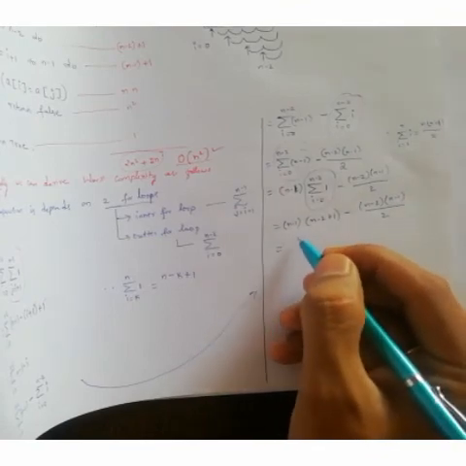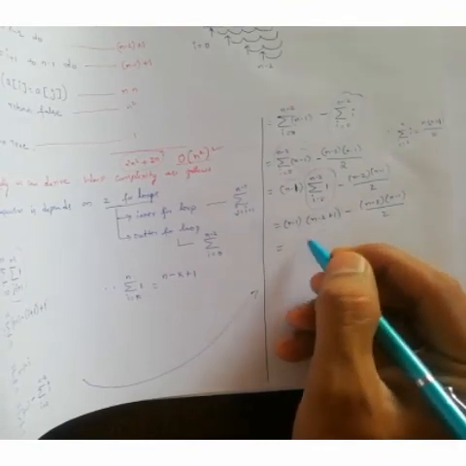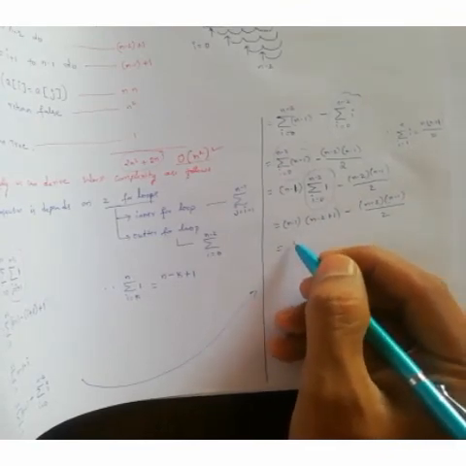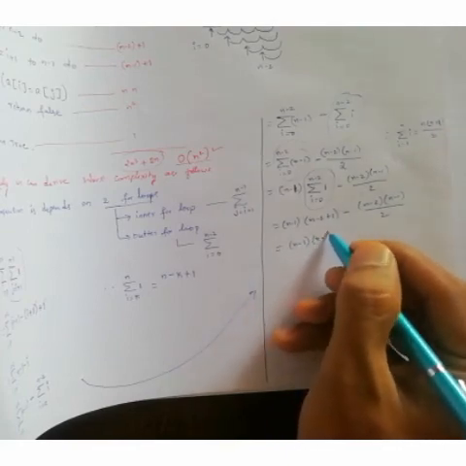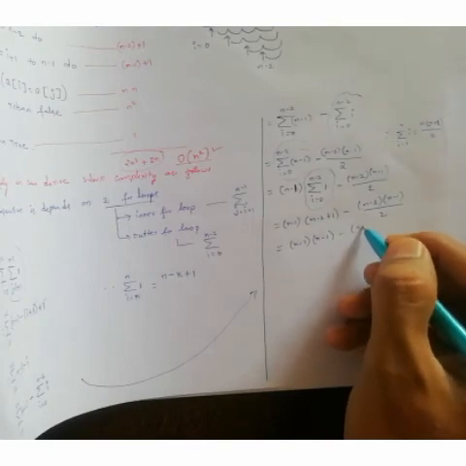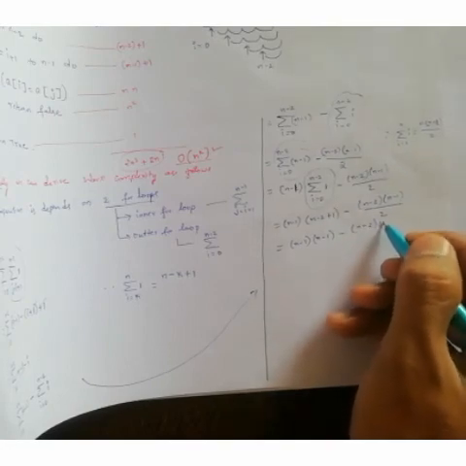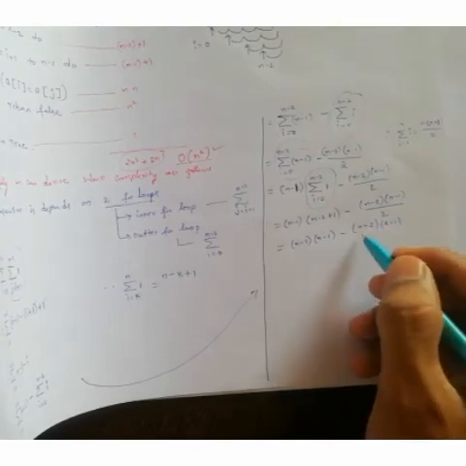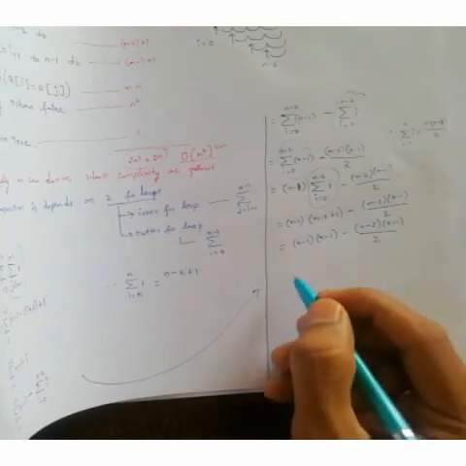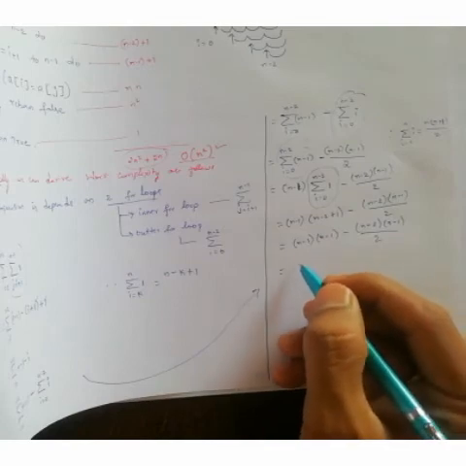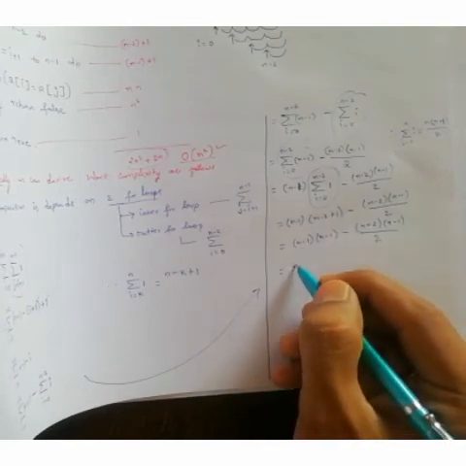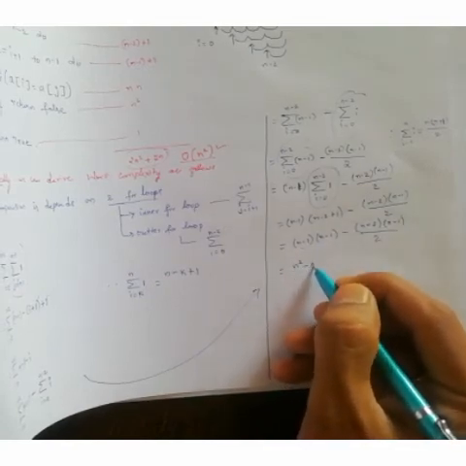So now minus 2 plus 1 minus 1, n minus 1 into n minus 1 minus n minus 2 n minus 1 divided by 2. So if you want, you can just multiply this out.